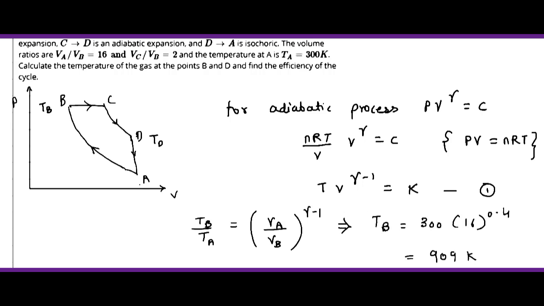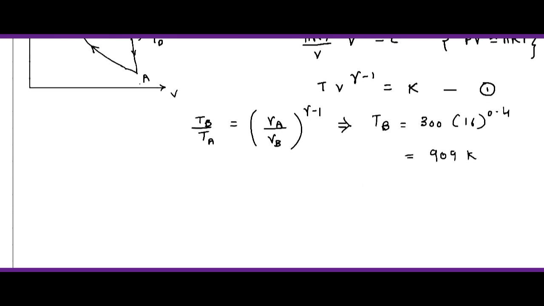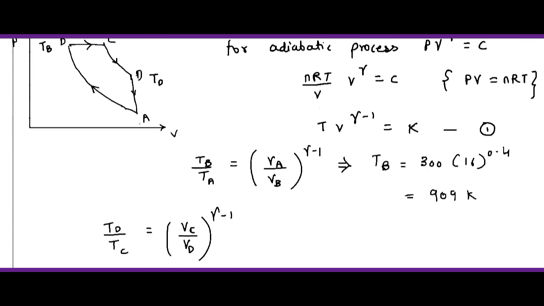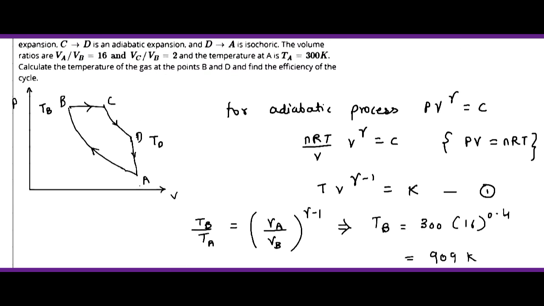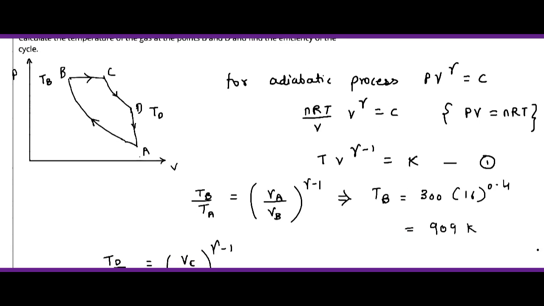Now we will follow the same process for the C to D process. We can write TD by TC as VC by VD, the whole raised to gamma minus 1. But before that we have to check whether we have been given VC by VD. No, so we have to first calculate the value of VD, then we can apply this equation.